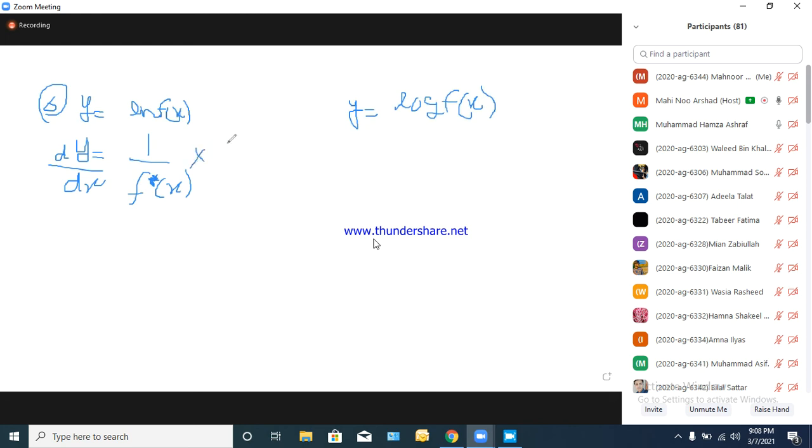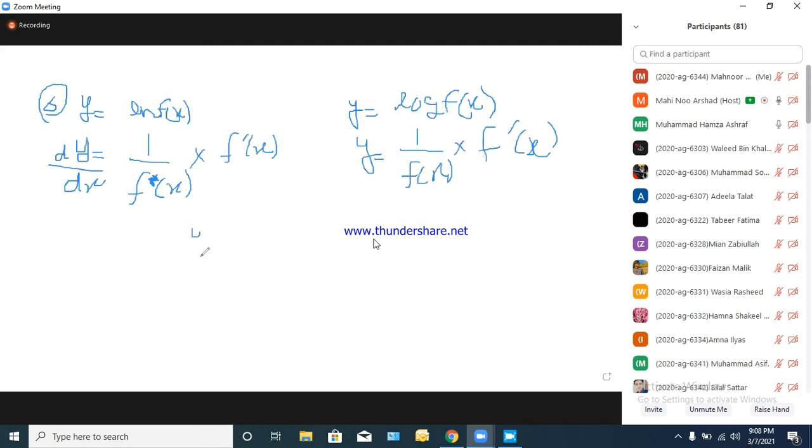And then you will multiply in this one to its derivative. Is that clear? And same rule for base log. F of x, and then you will multiply. Students, mute your microphones, and then you will take derivative of that function.